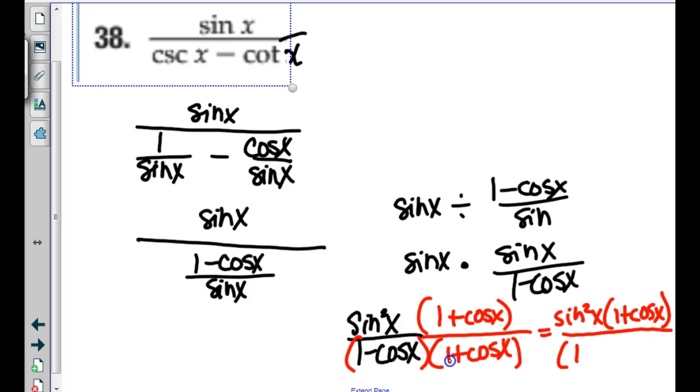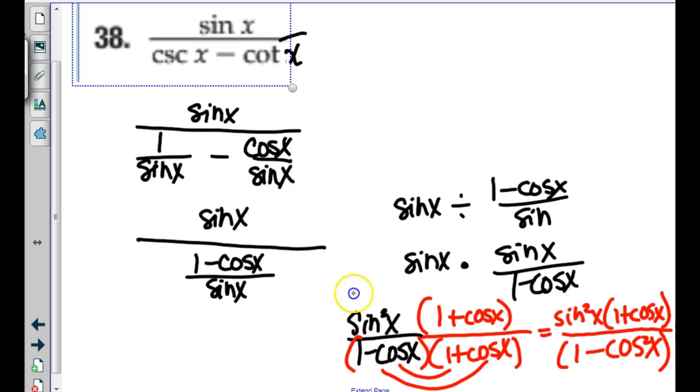You'll have a 1, almost, Keaton. Yes, and the order matters, right? Because the cosine squared is what's negative. You'll have a 1 minus a cosine plus a cosine, which cancel out, and then minus the cosine squared.